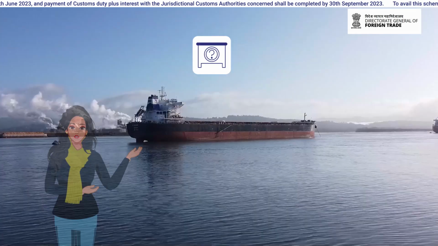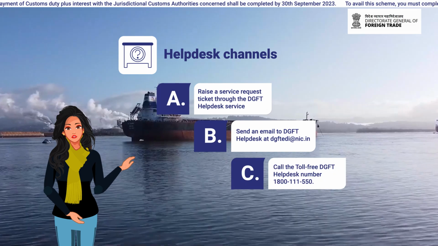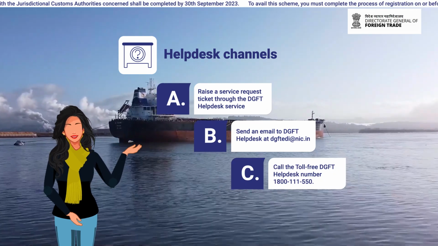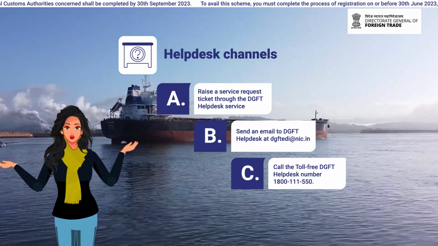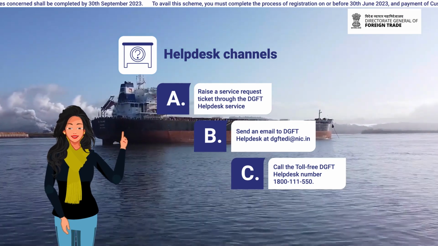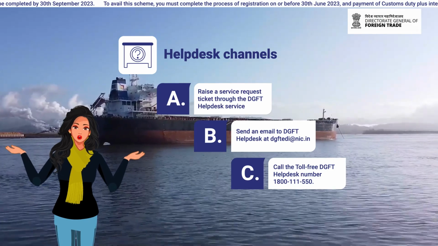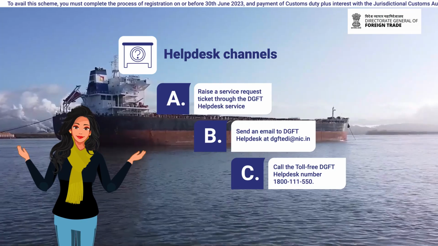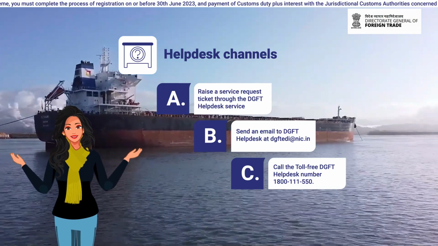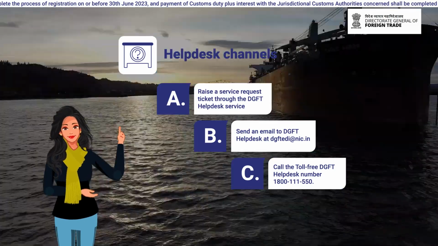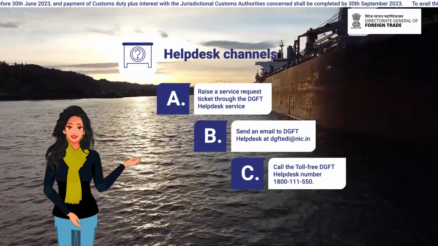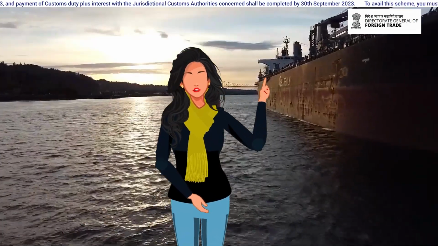If you need any additional assistance, you can approach the concerned RA or utilize any of the following help desk channels. Raise a service request ticket through the DGFT Help Desk service. Send an email to DGFT Help Desk at dgftedi@nic.in. Call the toll-free DGFT Help Desk number 1800.